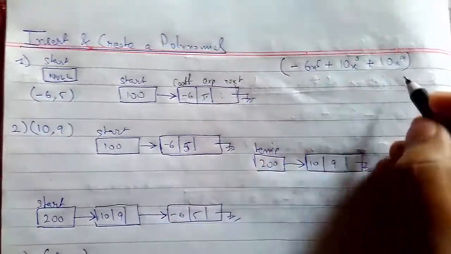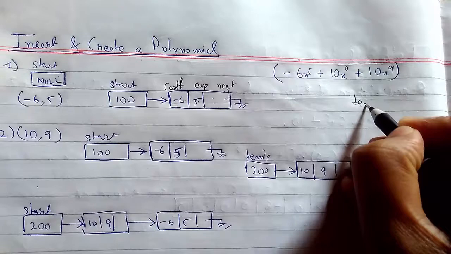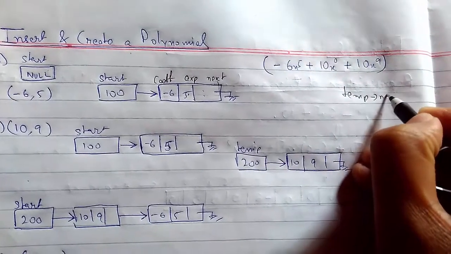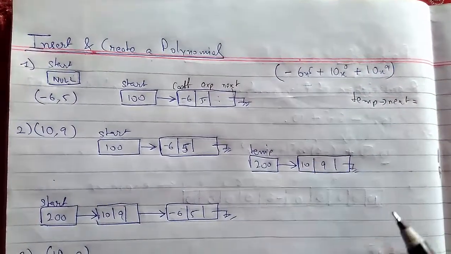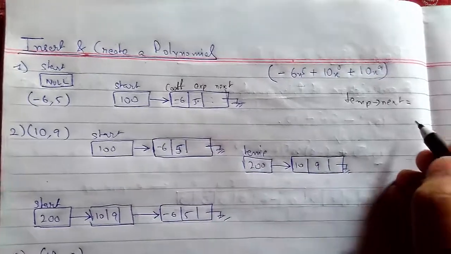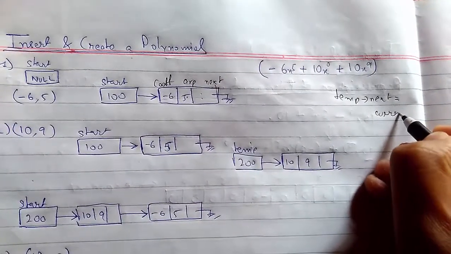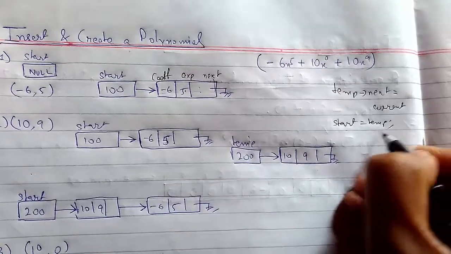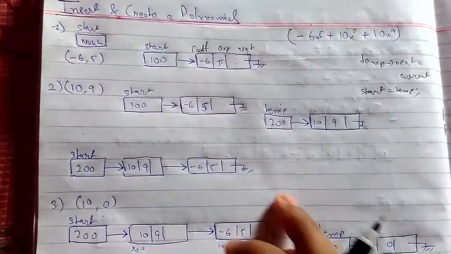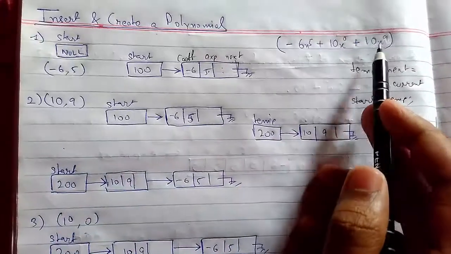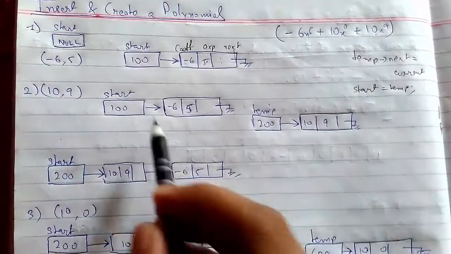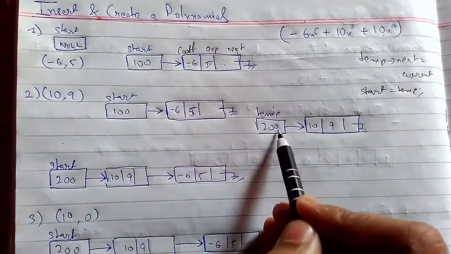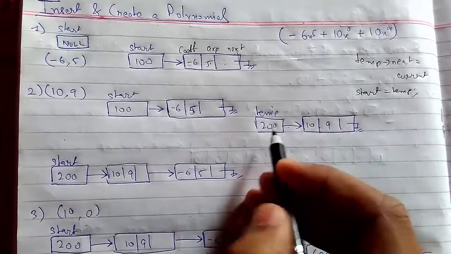For doing that, first of all we need to set the next part of temp to current. We will again use a current variable here, that must be set to current, and start must be set to temp for this case. Now suppose we need to insert this element, this part right here. This was previous, and our temp is this.